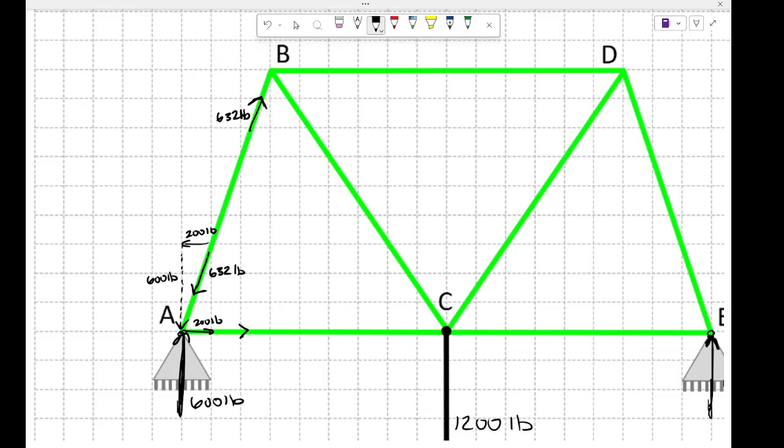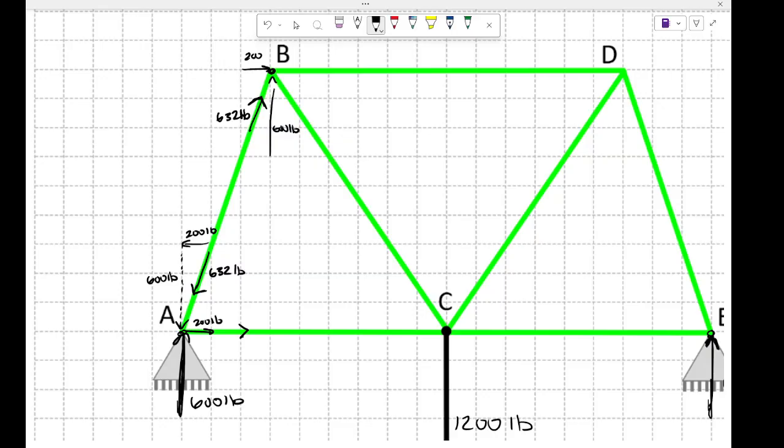And if that's the case, then we know that it's got to act to the right with 200, just like we did before, and up with a total of 600, right? So those are the pieces of AB's impact at this joint right here, right? So we have this up and to the right, and we'll see what happens with BD and BC as well, right? So we're starting to piece together the way these forces are acting on this truss.